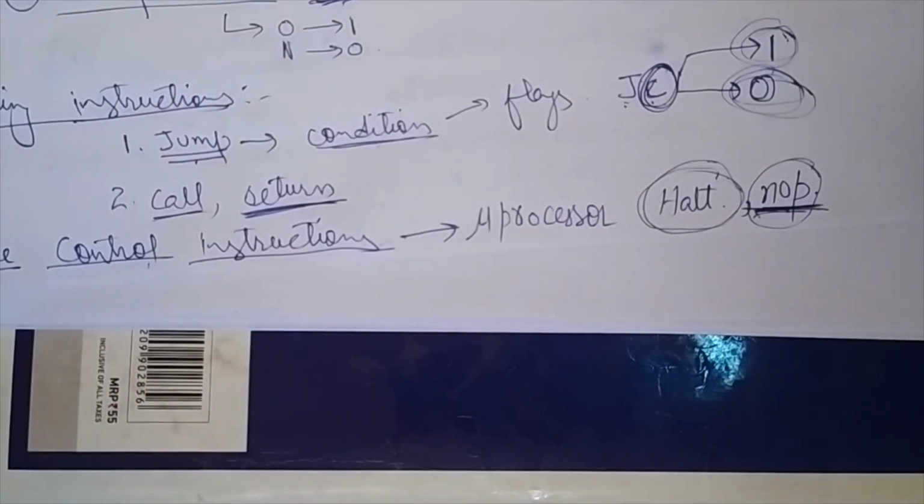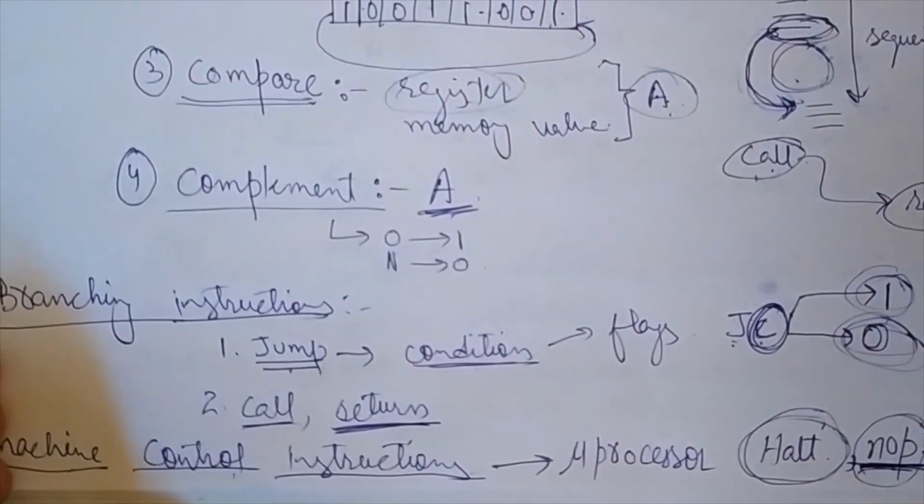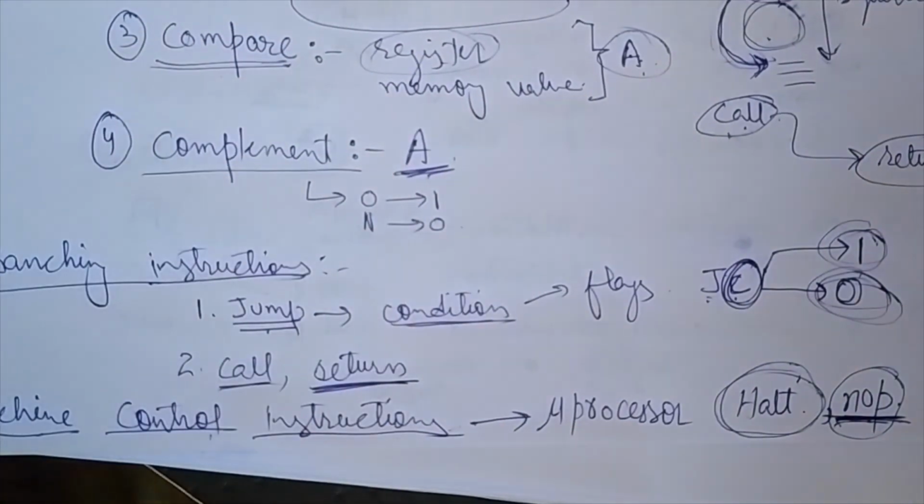So these are the machine control instructions, and these are the different types of instructions that are there in the microprocessor 8085. And our aim in the subsequent lectures will be to discuss the different types of instructions in its instruction set, or we can say we have to see the actual instructions that are getting executed in microprocessor 8085.